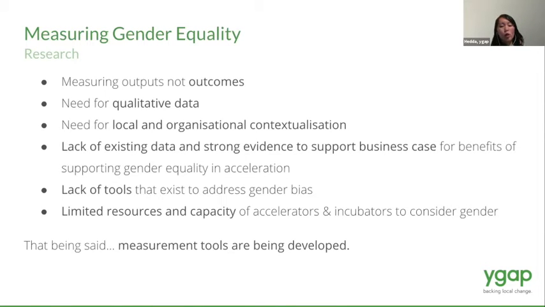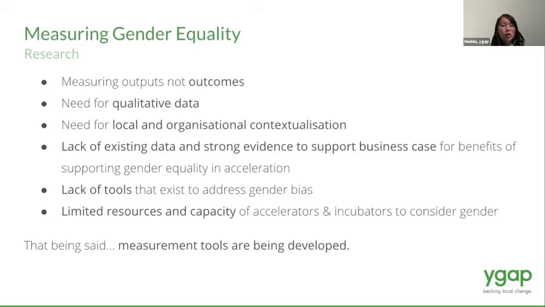So how do we go about building that business case? Besides this lack of data, there's also a lack of tools to address implicit gender bias. We know that everyone has bias, and this can affect who receives more investment and who receives better mentorship, but this bias is often implicit and hard to identify and then address.